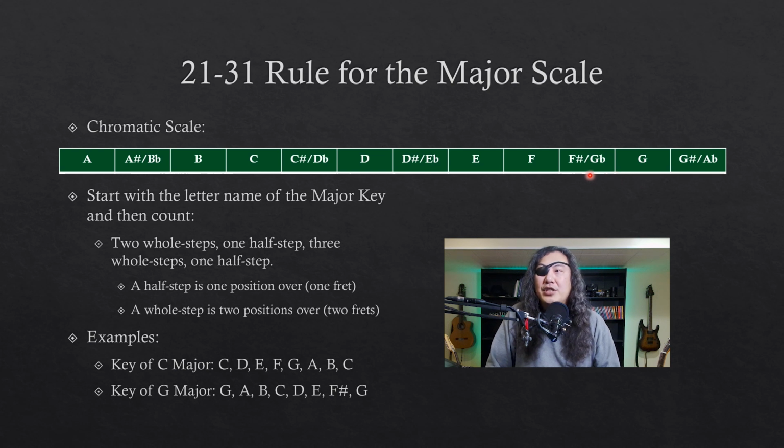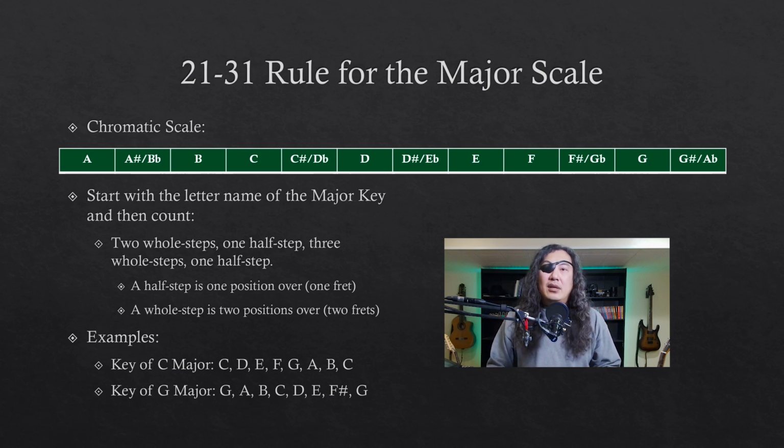We now have a G flat and a G. Because we started with G, right? We're in the key of G major. So we're going to call this an F sharp. And so that's our 3 whole steps, and then our 1/2 step brings us back to G to close out the scale. So the key of G major has the major scale of G major, which is G, A, B, C, D, E, F sharp, and G. Easy peasy, right?